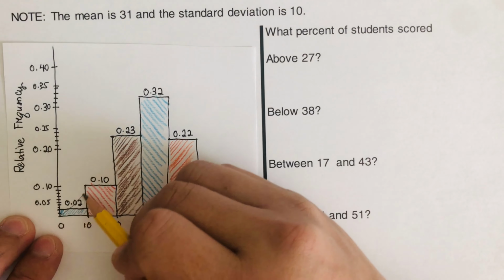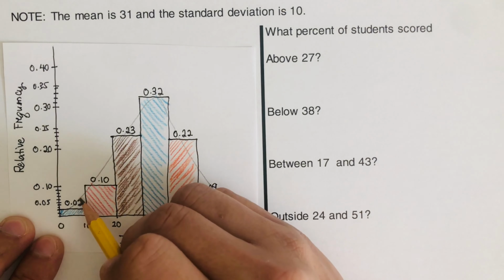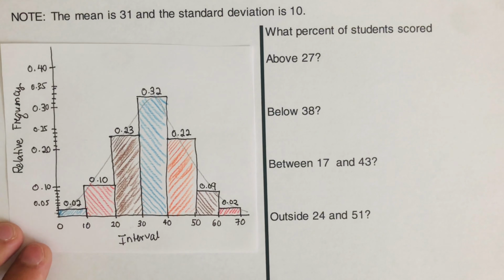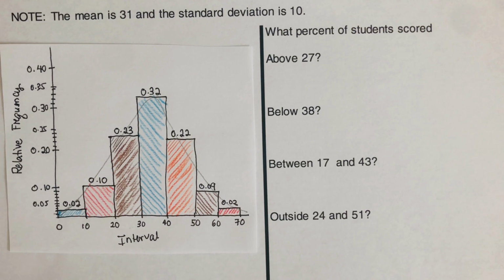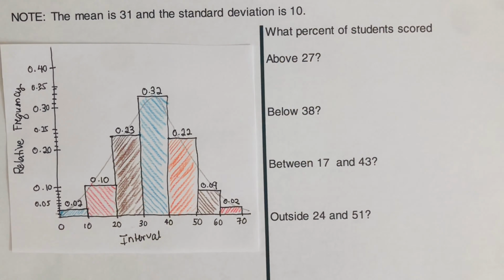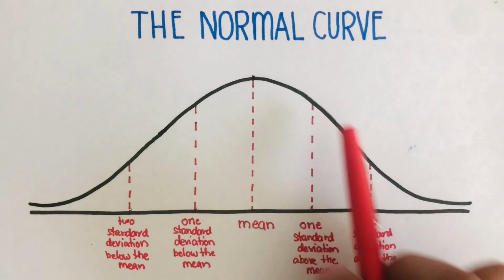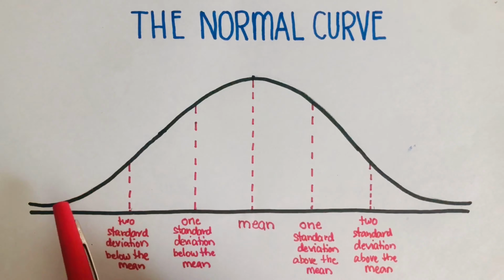So if we draw a normal curve here, this represents the normal curve. Then we go ahead and use the idea of the normal curve in order to solve these problems right here. Before we can do that, let's review the normal curve. The normal curve is sometimes called the bell curve because the shape of this curve is like a bell.